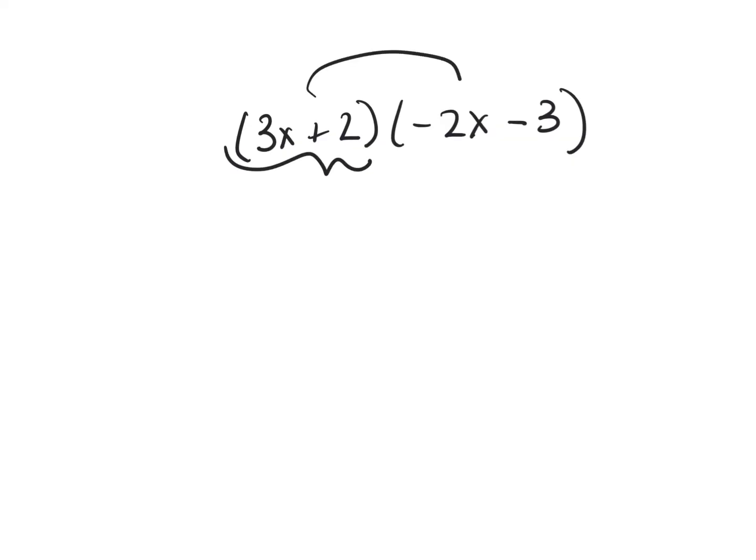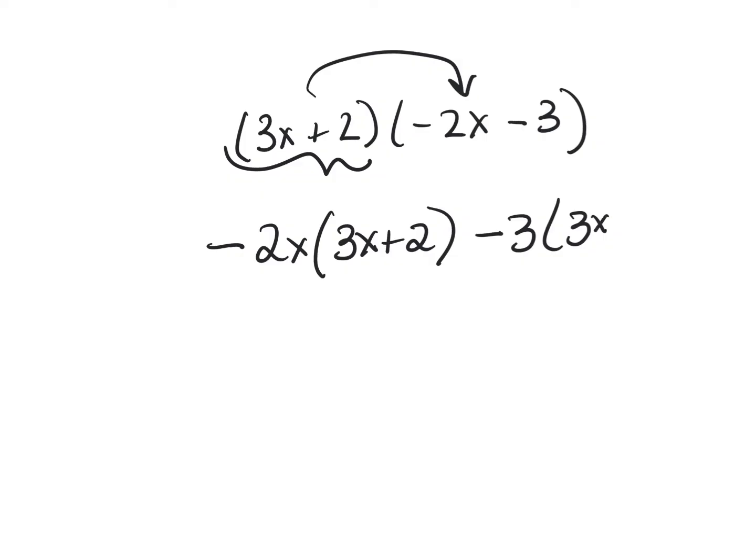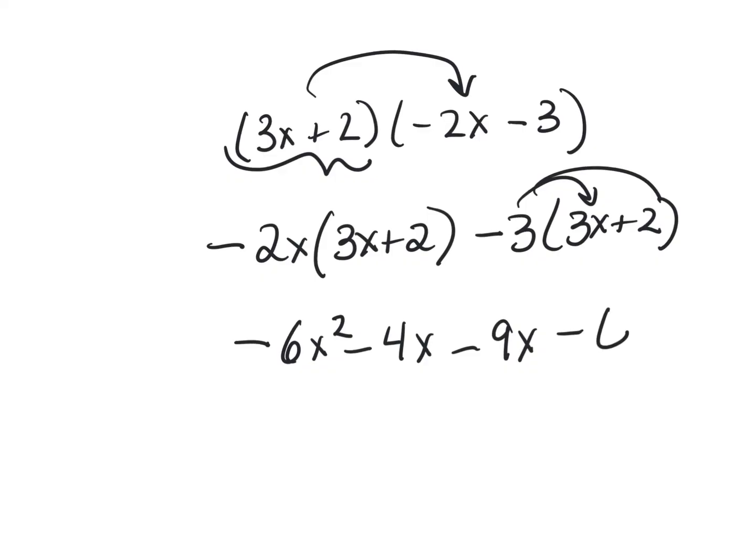When you multiply binomials together, you need to make sure you get all 4 terms. Distributing this into this, it would be -2x times this whole thing, minus 3 times this whole thing, which would be -6x squared, minus 4x, minus 9x from here, minus 6.